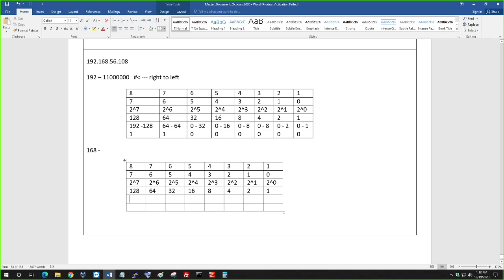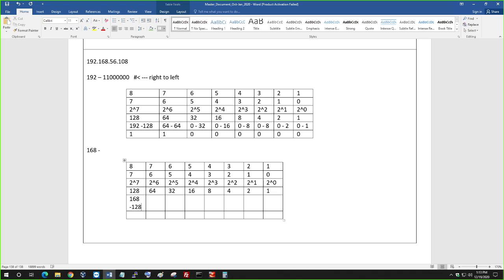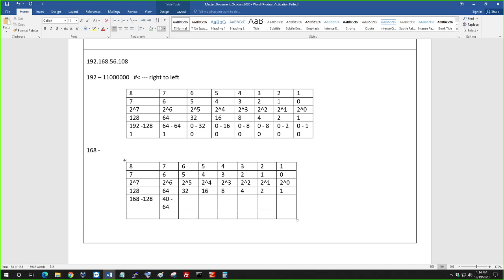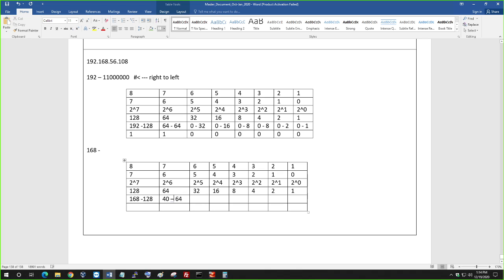Let's do a subtraction here: 168 minus 128. That is something we could deduct from 168. So 40 is left. Can you remove 64 out of 40? You cannot. So this part is going to be 0. This is 1 because we are able to do subtraction here, and this part is 0.